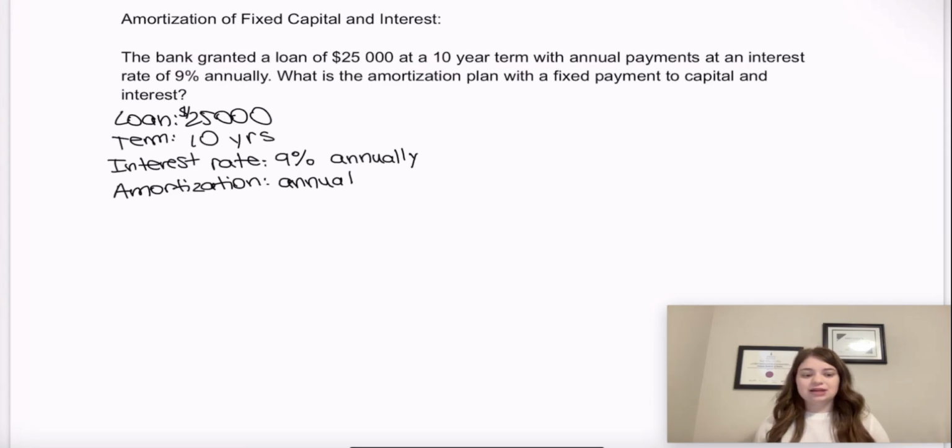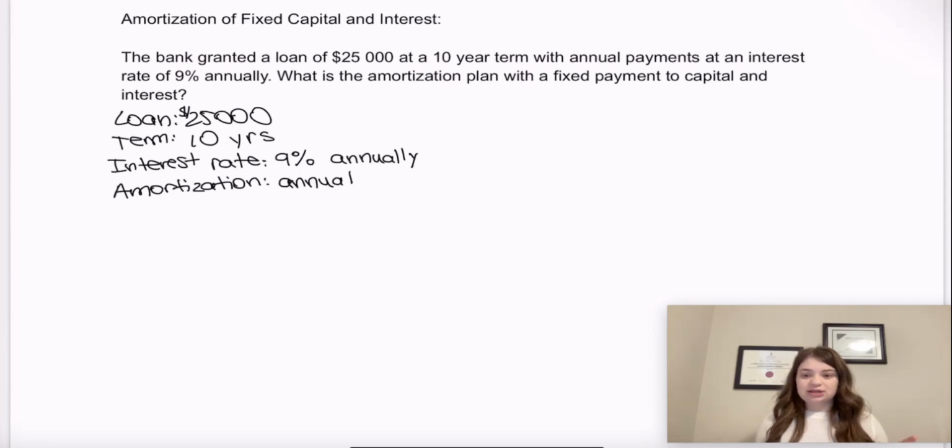So in a lot of these school questions, they're going to tell you annual, or maybe monthly but only for like 6 months or something, right? Because otherwise we could be doing this for like 100 columns. But anyway, what is the amortization plan?